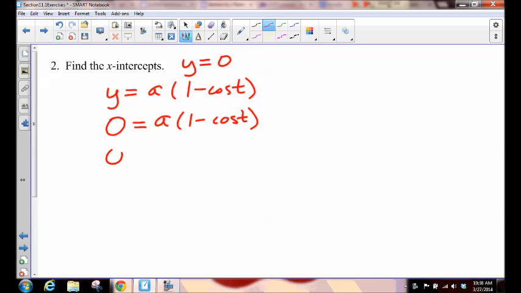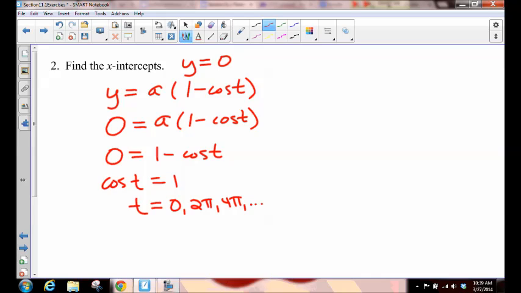So I end up with 0 is equal to 1 minus cosine t, or cosine t equal to 1. Now this is going to happen for values of t like 0, 2 pi, and 4 pi, etc. And we can abbreviate this as 2n times pi, where n is any integer.